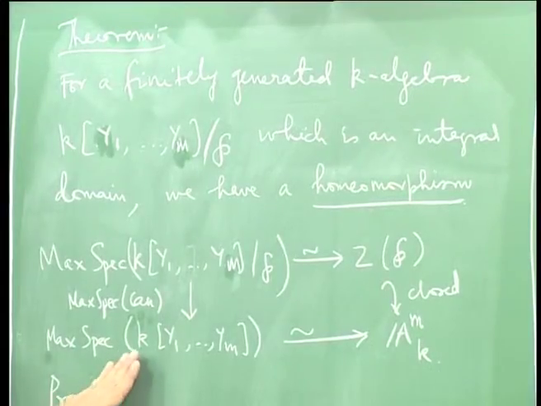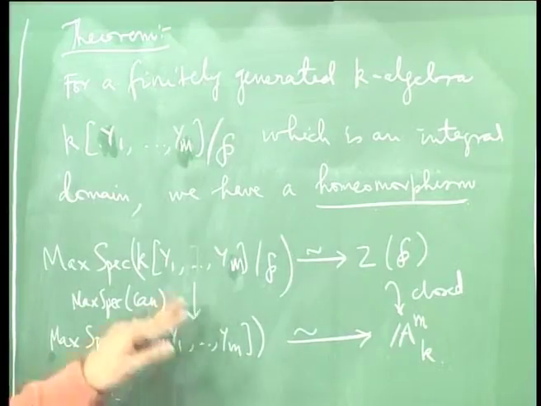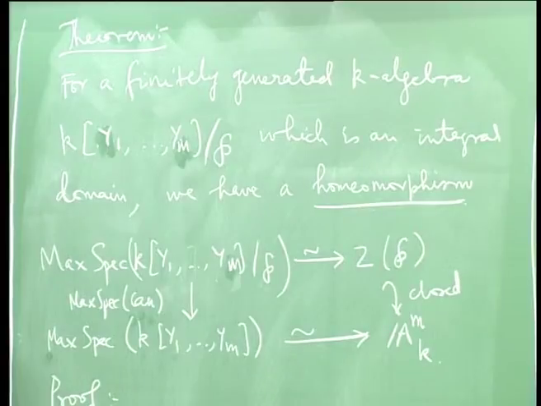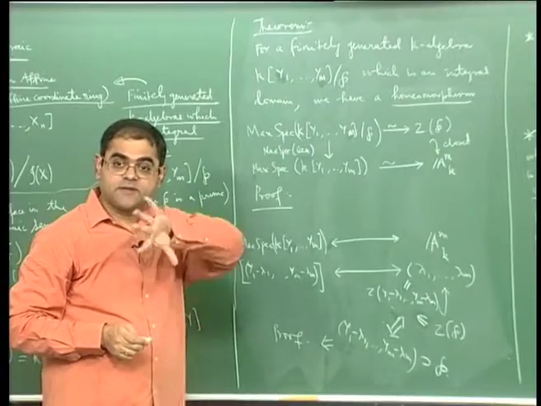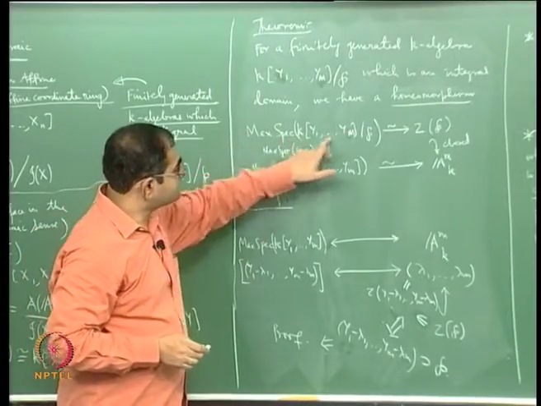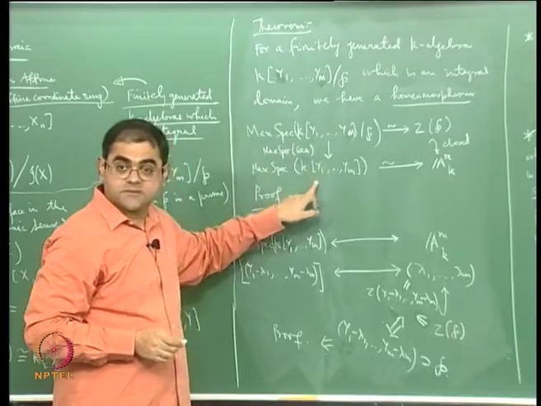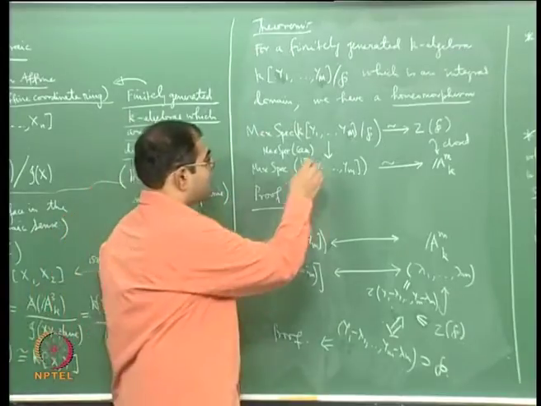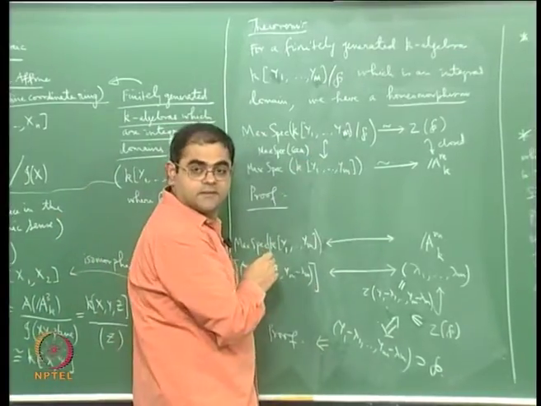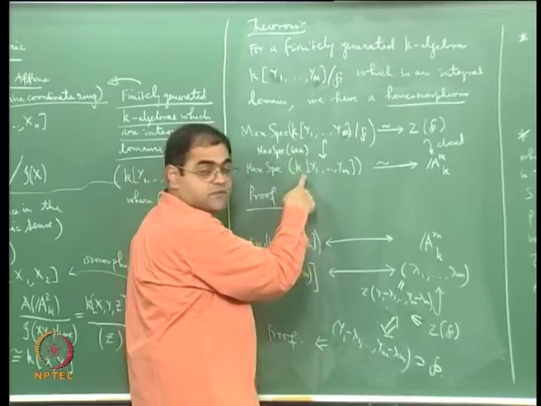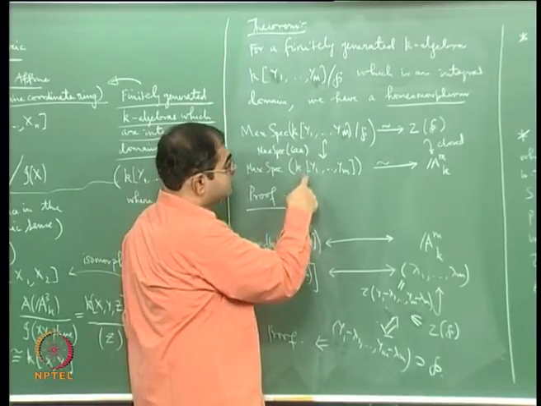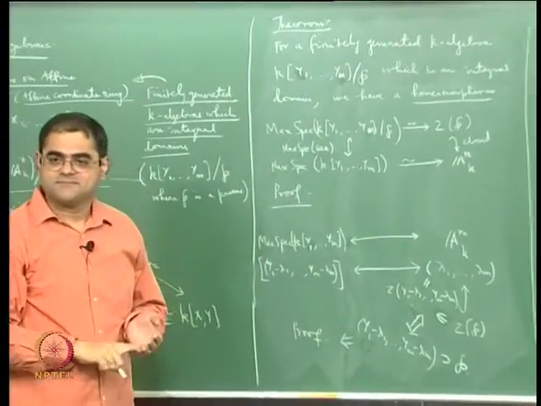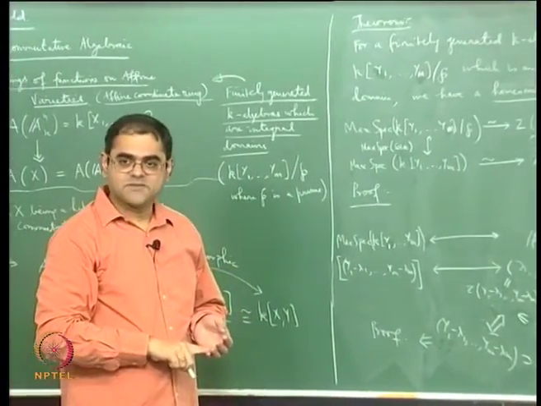See, there is a canonical quotient map from K[y1, ..., ym] to its quotient by P. If you apply spec to that, the arrows will get reversed, you will get a map from max spec of the quotient to the max spec of the parent of the quotient, and it is this map which is a closed immersion, namely it is an identification of this with a closed subset of this. What is that closed subset? That closed subset is this Z(P). That is what it means.